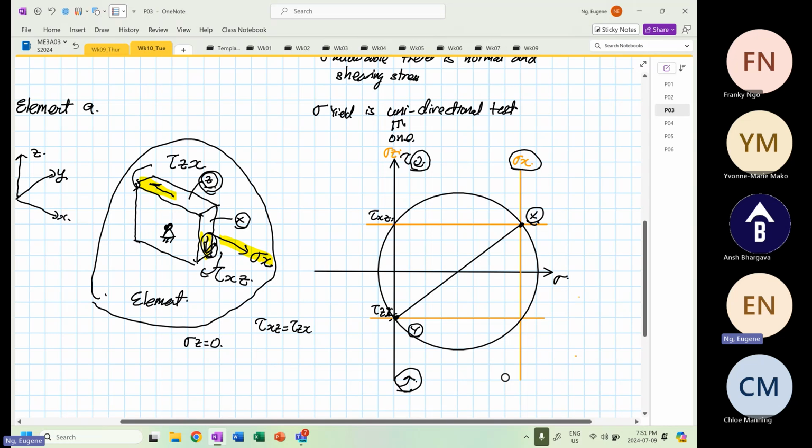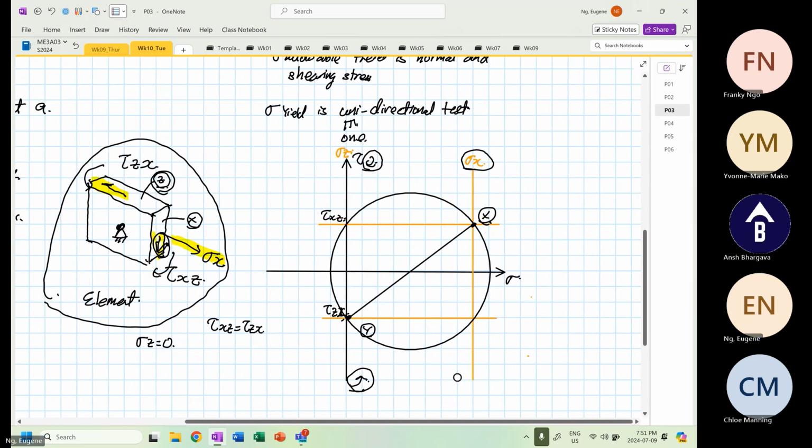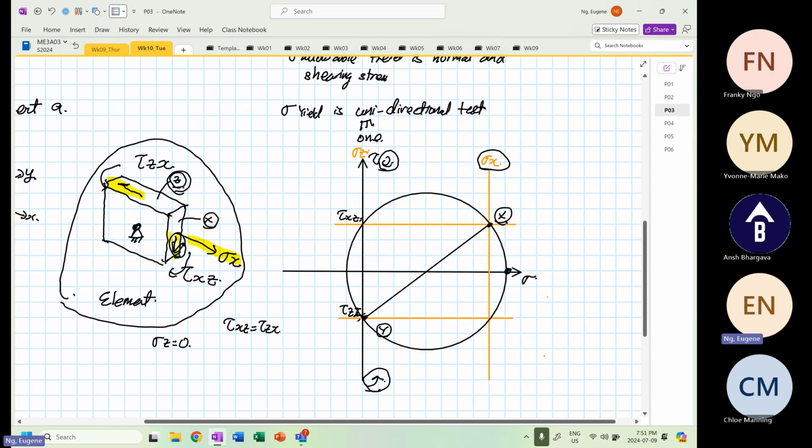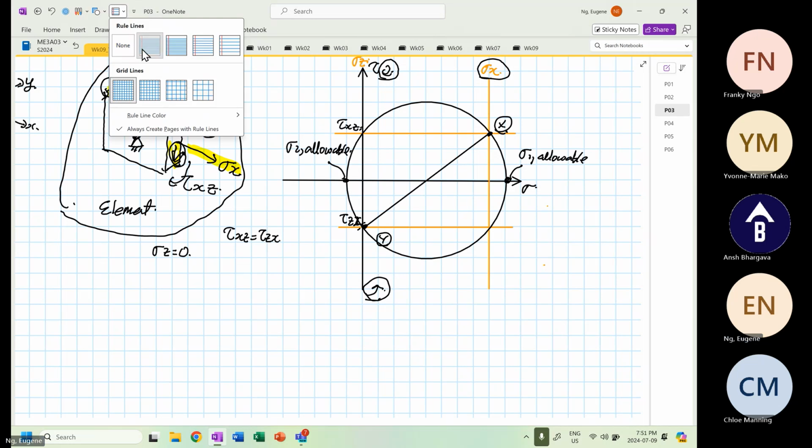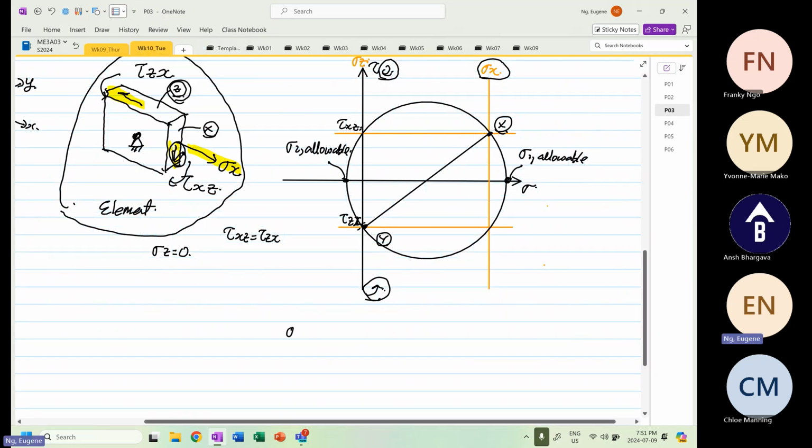What this Mohr's circle has in common: if you have this point over here, I'm going to call this stress 1 allowable. And over here, this is our stress 2 allowable.